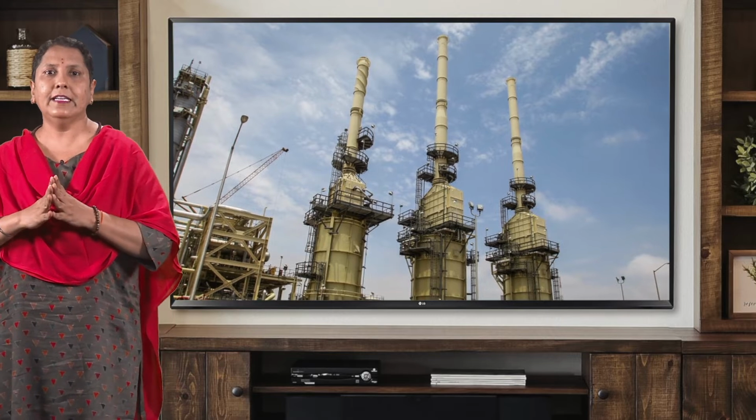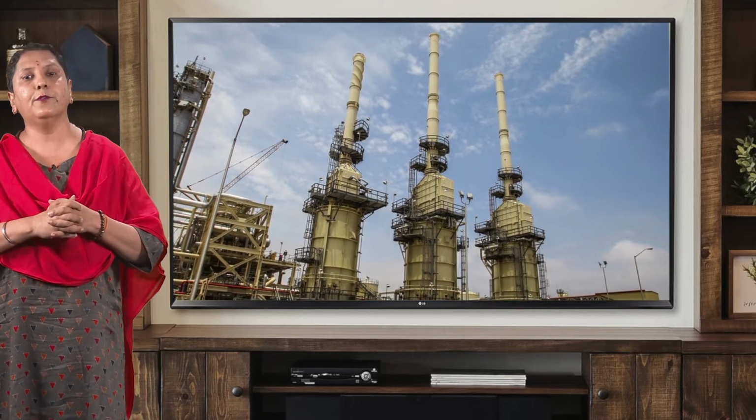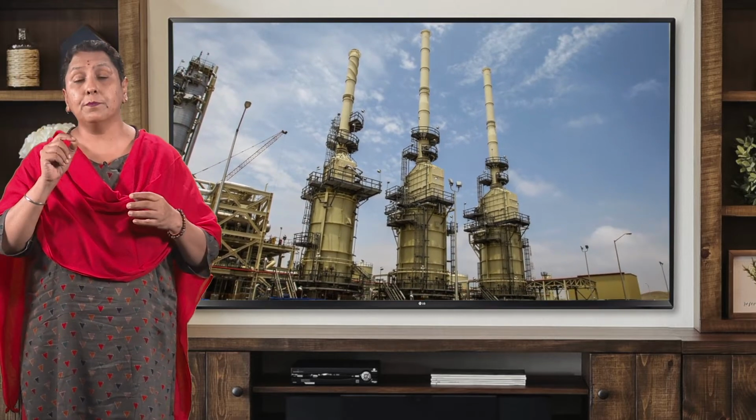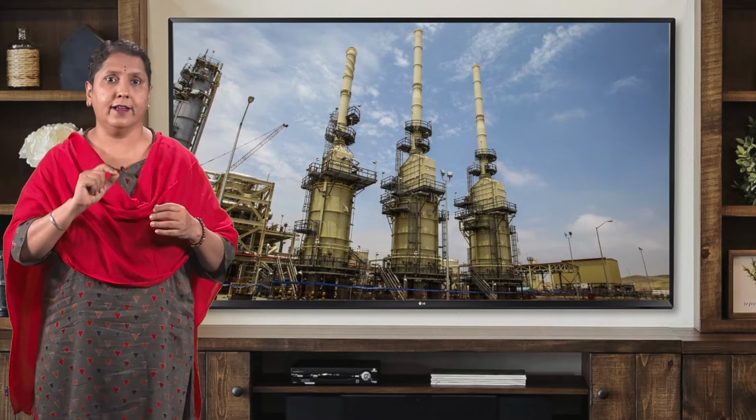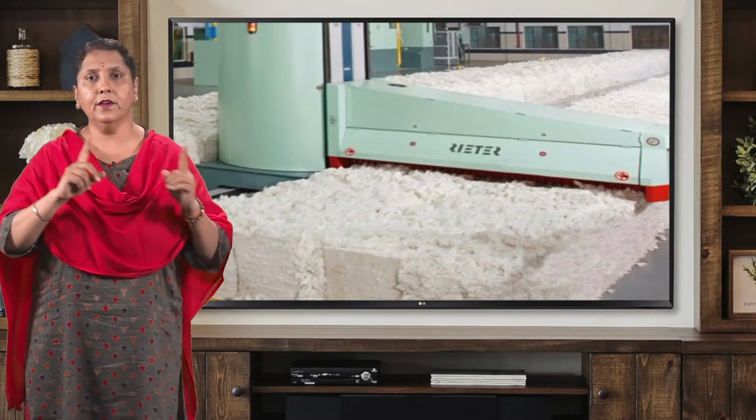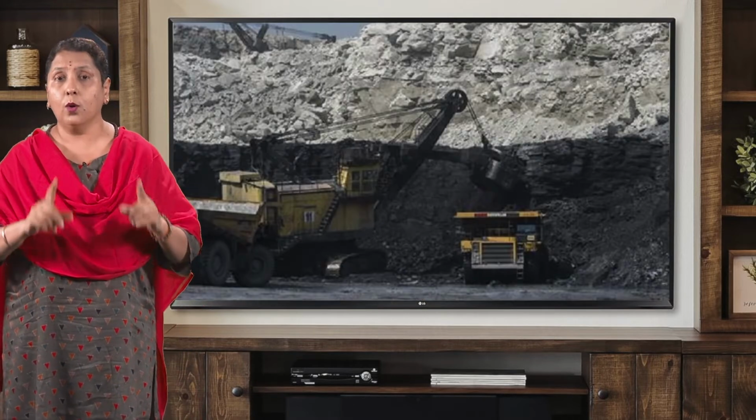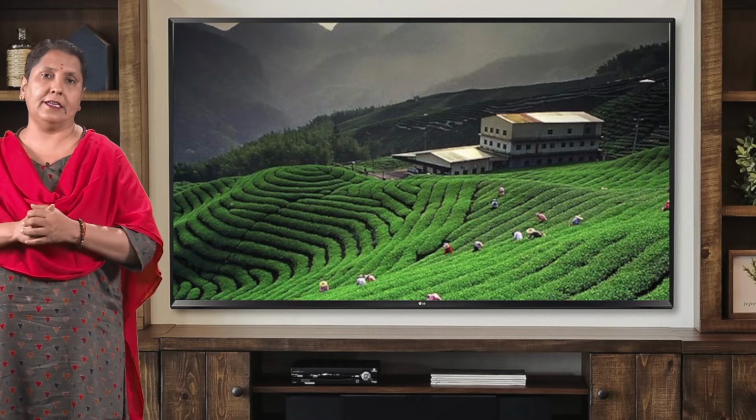Industrial development in India until the beginning of the 20th century was mainly confined to 4 industries, namely cotton, jute, coal mining and tea plantation.